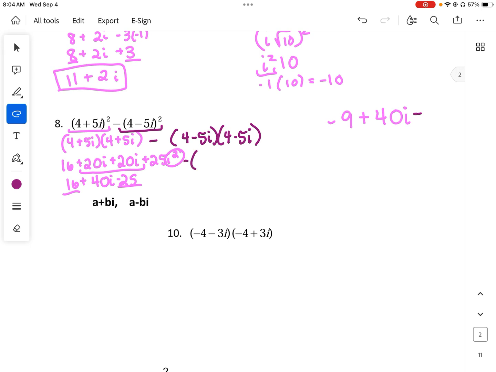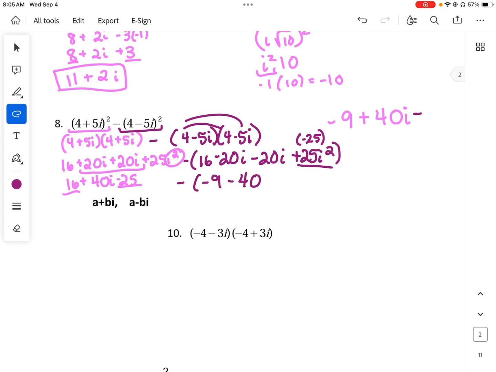So minus, that would be 16 minus 20i minus 20i plus 25i squared. This becomes negative 25. 16 minus 25 is negative 9, and then minus 40i.